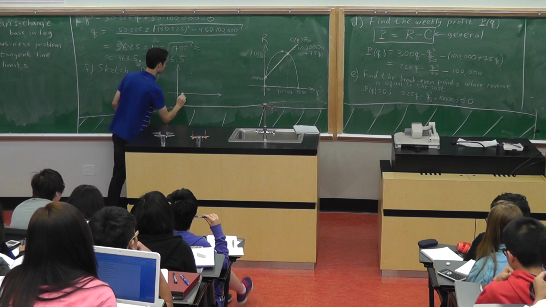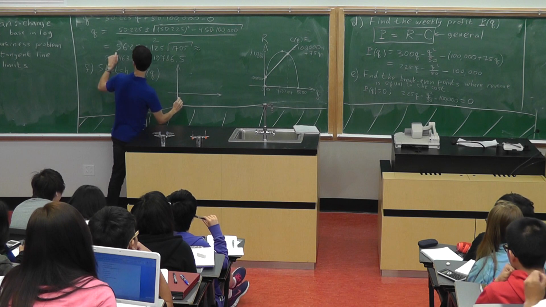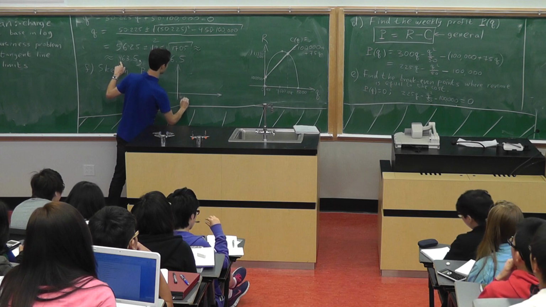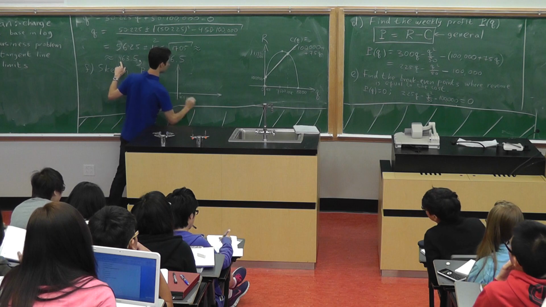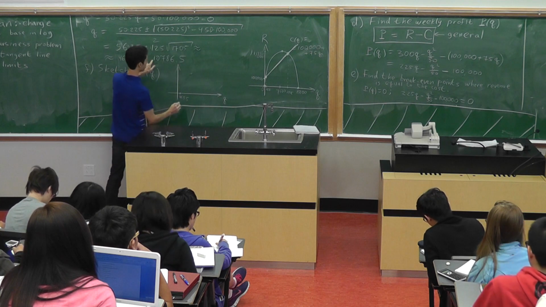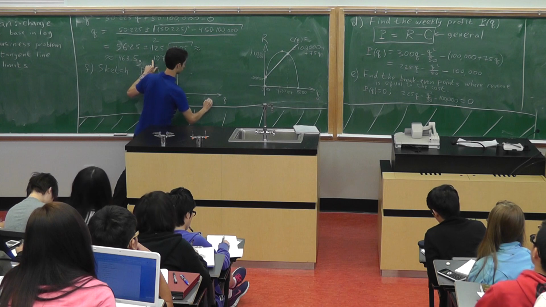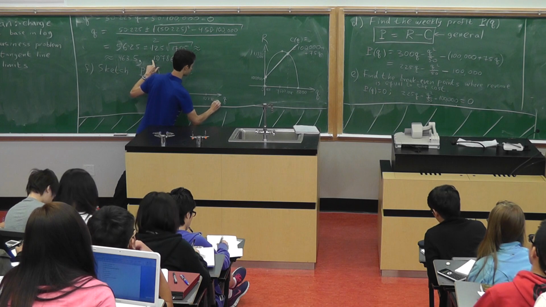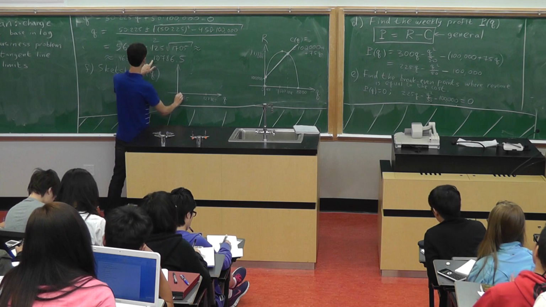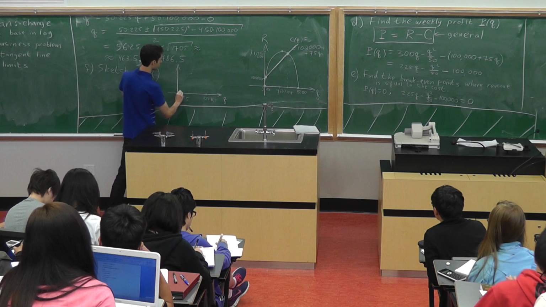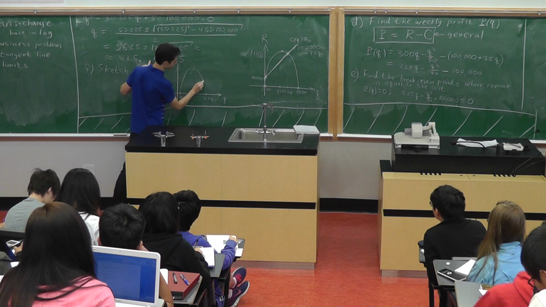So here we have it. At point 463.5, we have a 0. At another point, then 10,786.5, we have another 0. And we have a downward facing parabola.